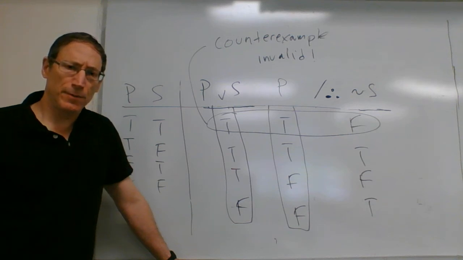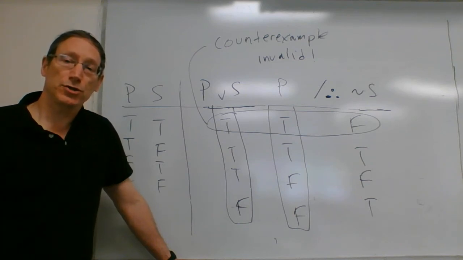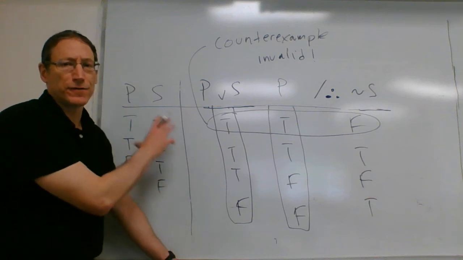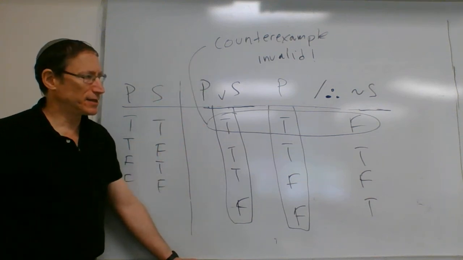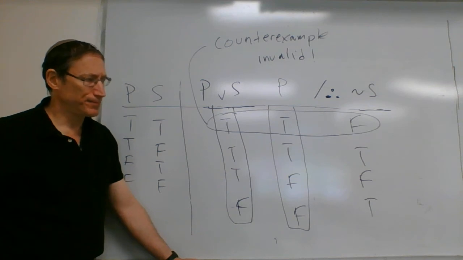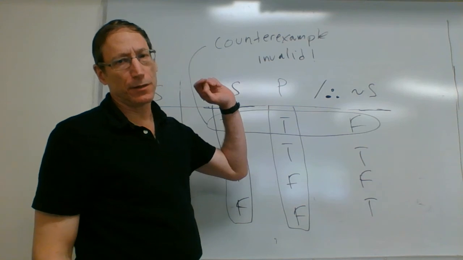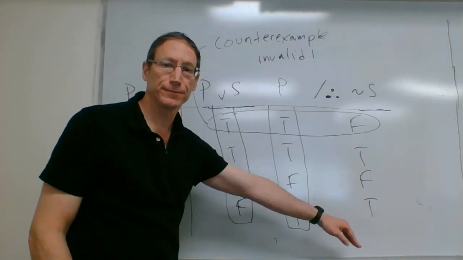Now, I'm just about done for today. I mentioned something earlier about a shortcut for doing truth tables. This becomes especially handy when you have a lot of components and a lot of rows. Basically, what I had in mind there is when you do a truth table for an argument, sometimes it's a nice thing to start off with the conclusion.